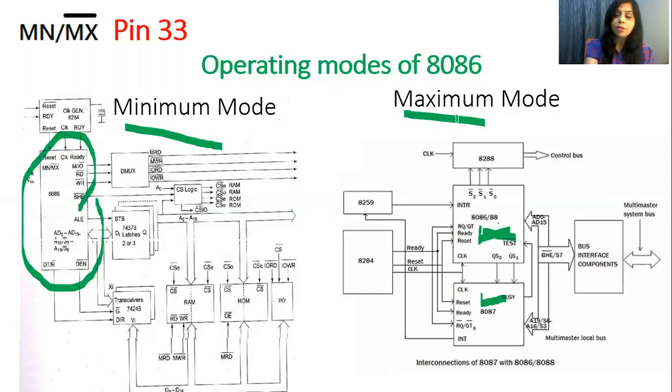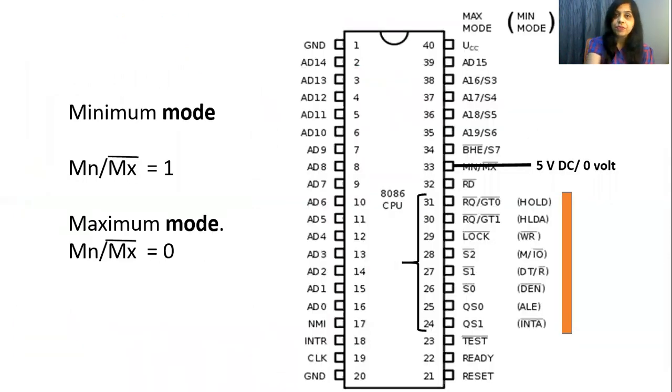For that there is a specific pin, the minimum / maximum bar pin, which is pin number 33 in the integrated circuit. This indicates that minimum is active high and maximum is active low because of the bar.